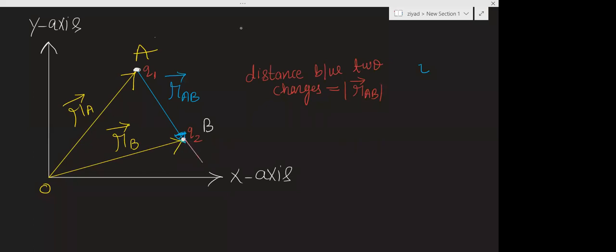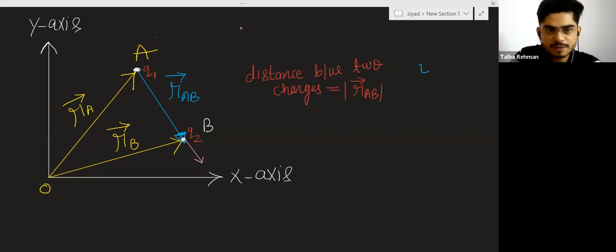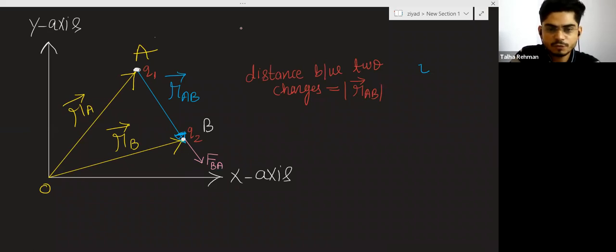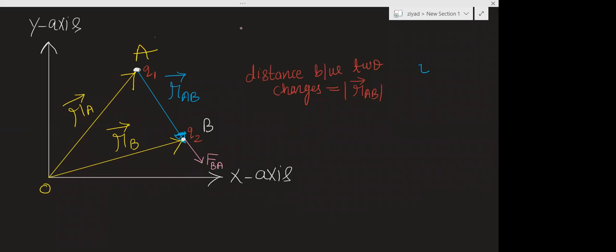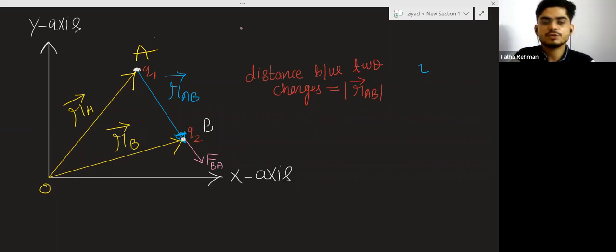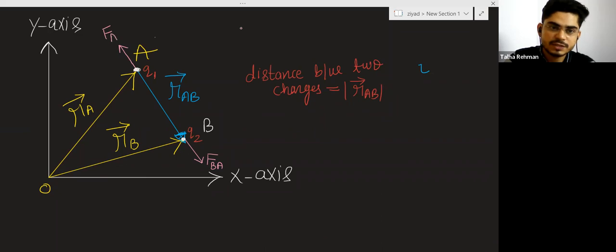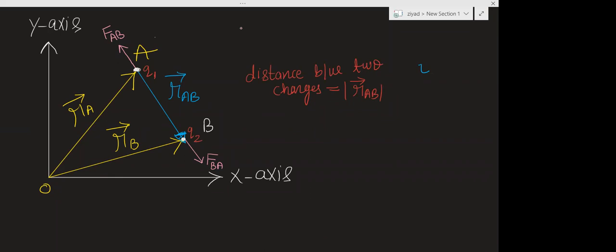Suppose this charge applies a force on B with respect to A, force on B due to A. And again, on this charge also there will be a force, that will be the force on the charge at A due to B.